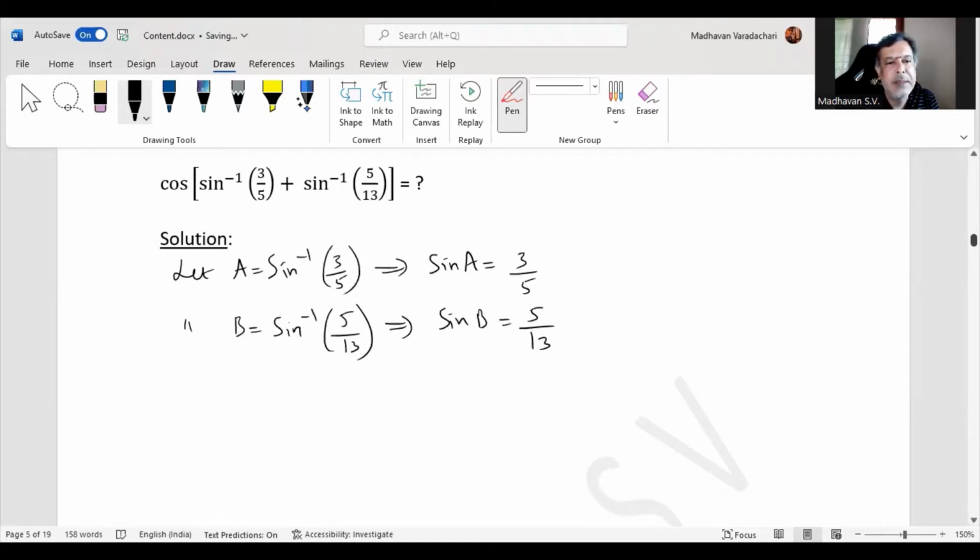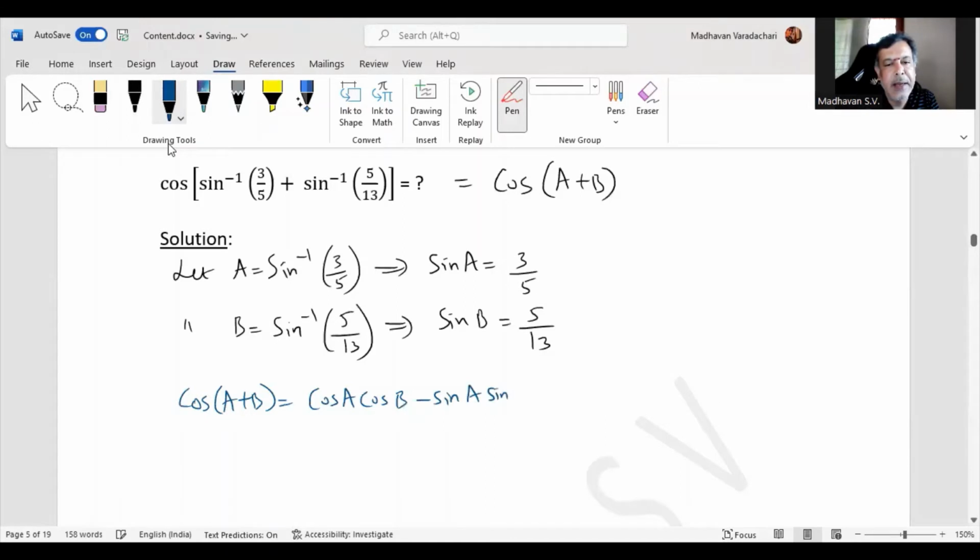That means this question can be rewritten as cos of A plus B. Now, there is a trigonometric identity, which is cos of A plus B is cos A cos B minus sine A sine B.